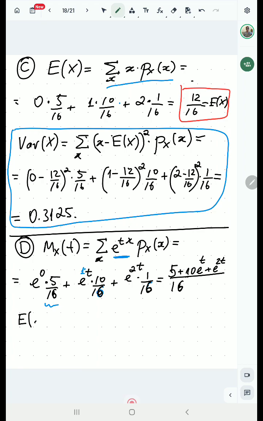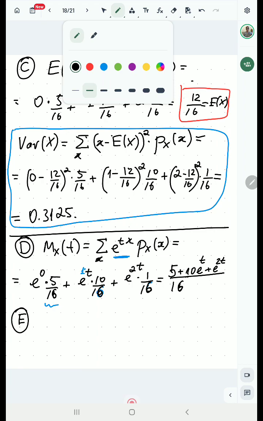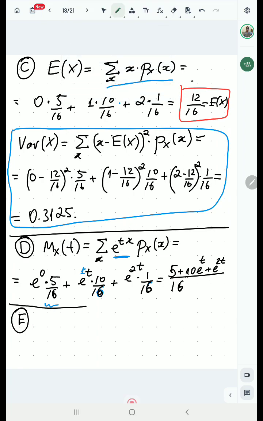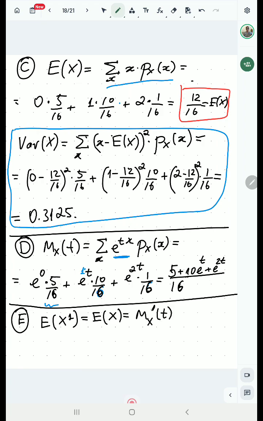And if you want to find the expectation of X, this is, I guess, in part E. The first raw moment is the expectation of X to the power 1, which is the same thing as the expectation of X. For that, you have to take the first derivative of the moment generating function, because you are interested in the first raw moment, and set t equals 0.